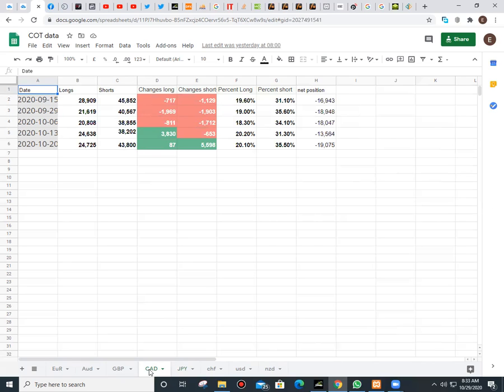So in that scenario, CAD JPY was a sell because the big banks had more longs on the JPY and more shorts on the CAD side.